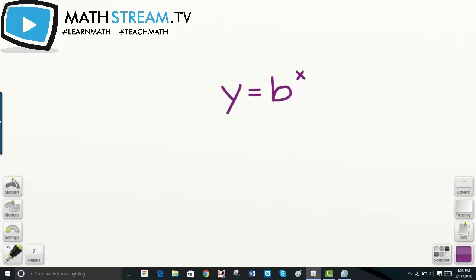And what we said in class today is that we need a way to be able to reverse the operation of exponential functions so that we can solve for variables like x here if we had a situation like when is 2 to the x going to equal 100, for instance.